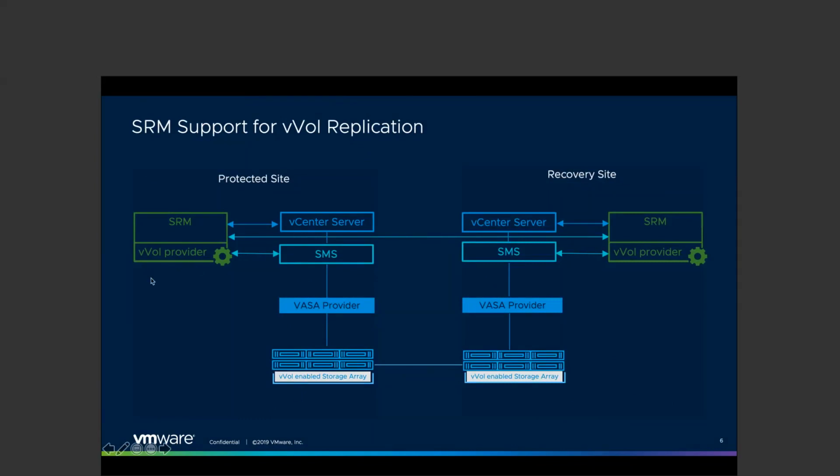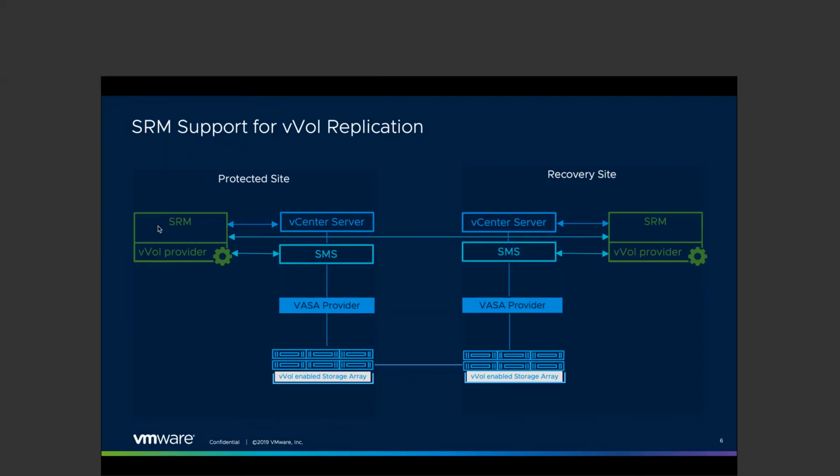This is SRM technology. And then in order to have the support, what you basically need to do is set up VVOL replication on the storage array. This means you have to configure storage containers and protocol endpoints, and also present these storage containers or VVOL datastores to the ESXi infrastructure.